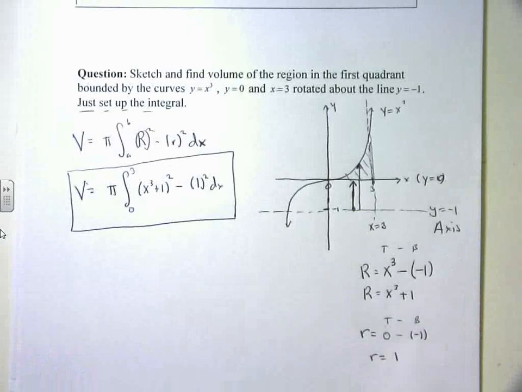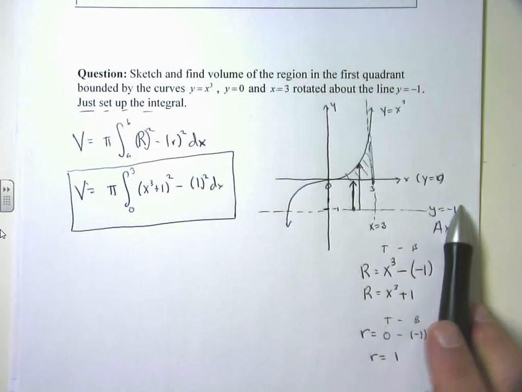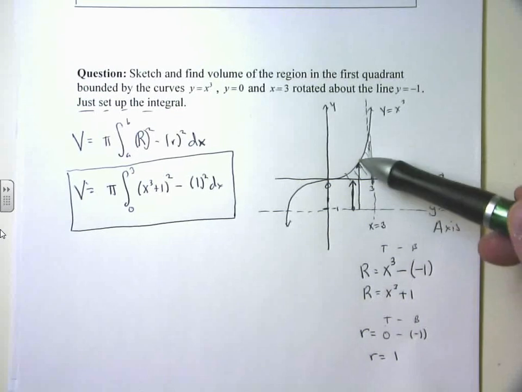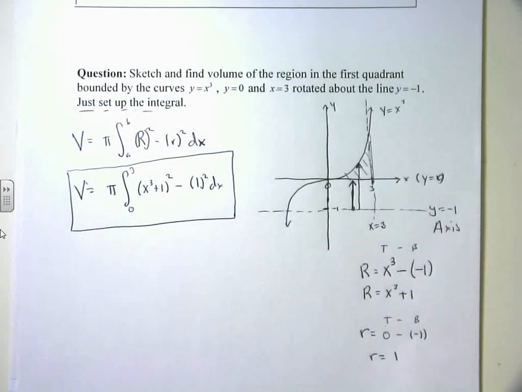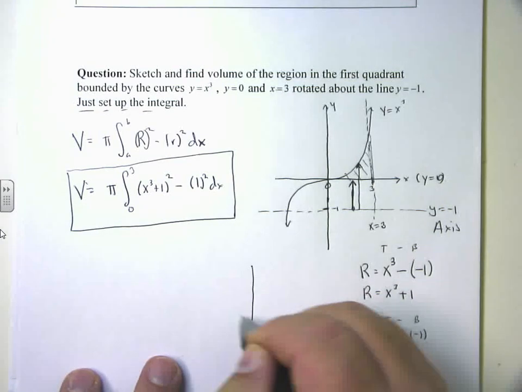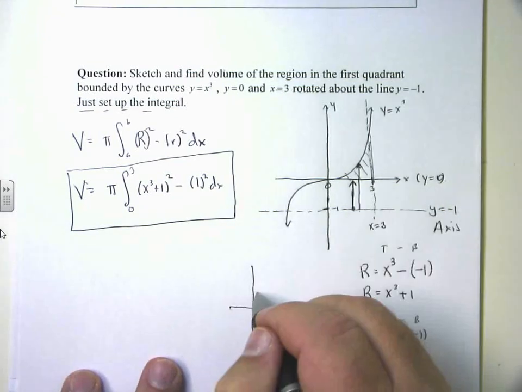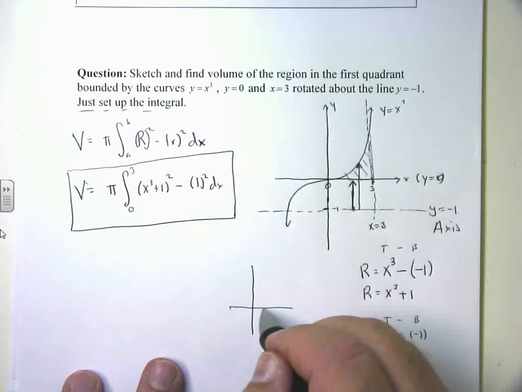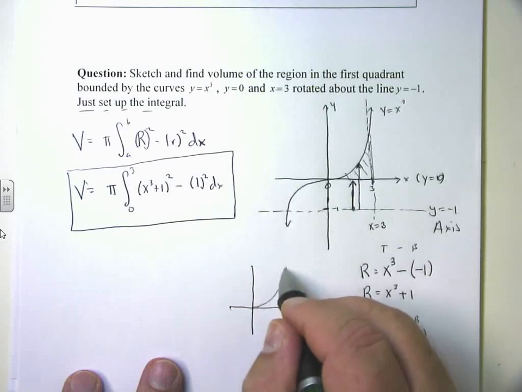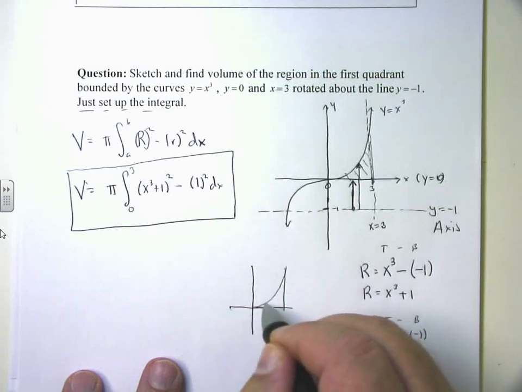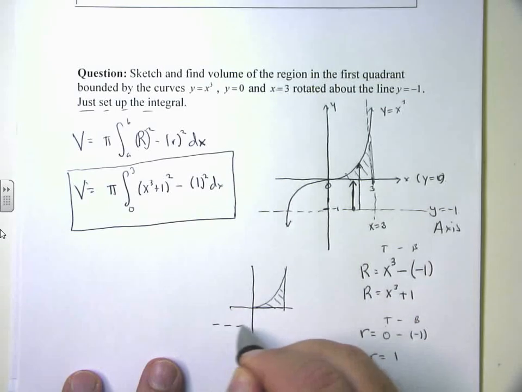You've got to get this idea that you don't just rotate around the x-axis, you could rotate around other axes. So the y equals -1 axis means you have to start calculating radius distance as this thing's being rotated. And just to give you a visual perspective of what you're calculating the volume of, you've got this region up here. There was the x cubed curve up here, and then coming back down. And there's the region. This is my axis of rotation.